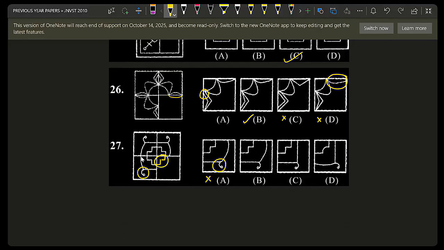This part is there in options B and C, but not in A, and D is not mentioned properly, so D is wrong. What is the difference between B and C? In C, this is given as a straight line, but in the question it is not a straight line, it is a curve. So the curve is available in B. So B is correct.